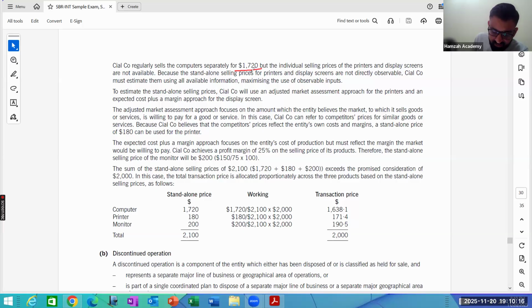And then we have the standalone prices. And then the transaction price will be allocated in proportion to the standalone prices. Got it? Any question?